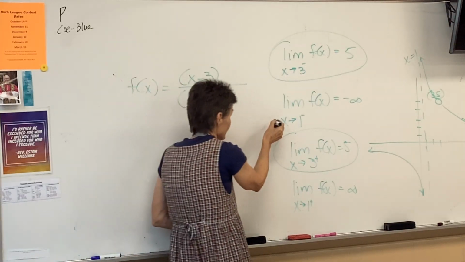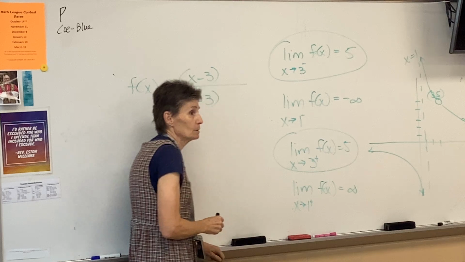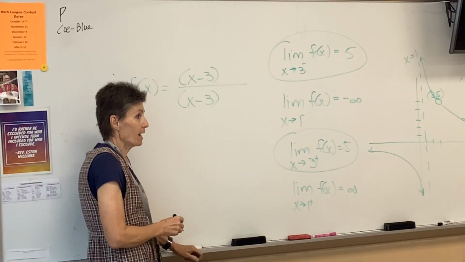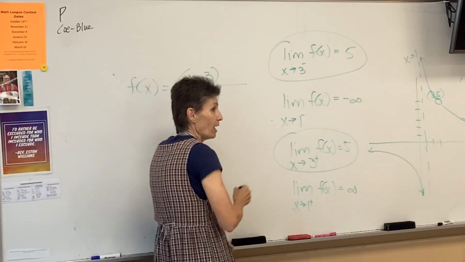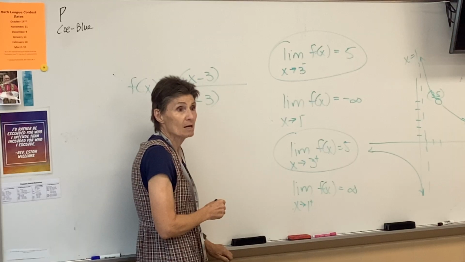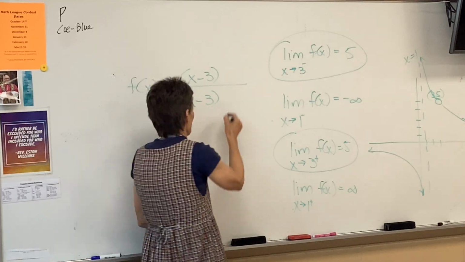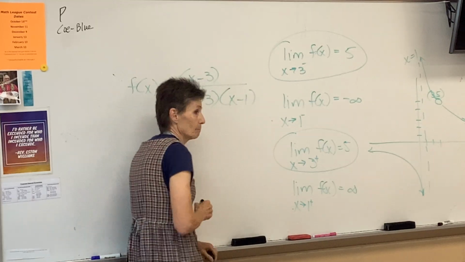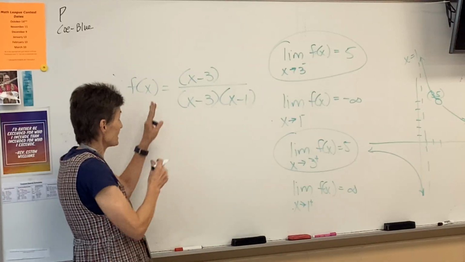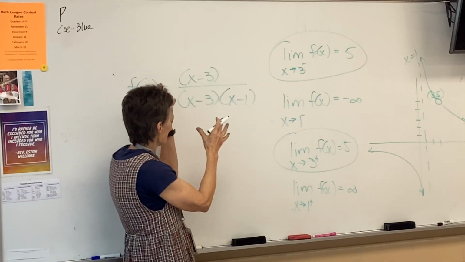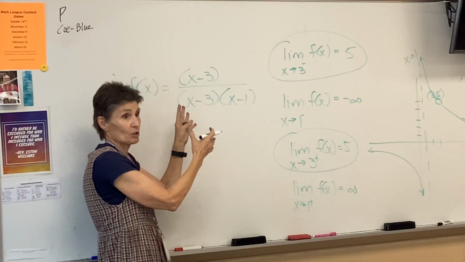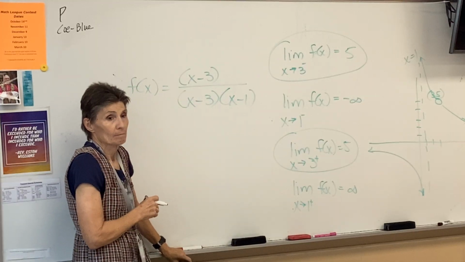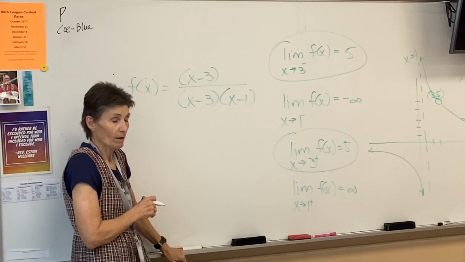And then when you look at these other two, hopefully you recognize you had a vertical asymptote at what? So this is a beginning of an equation. Would you agree with that? All right.